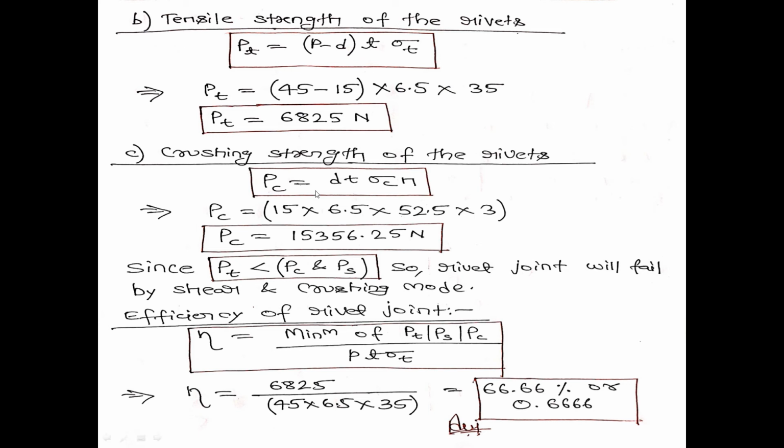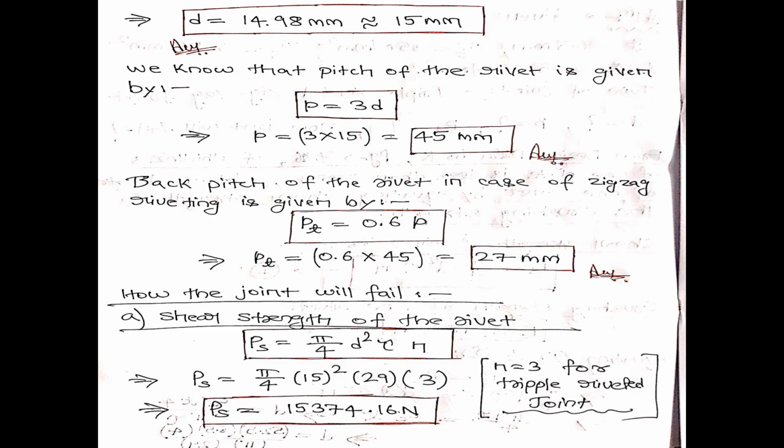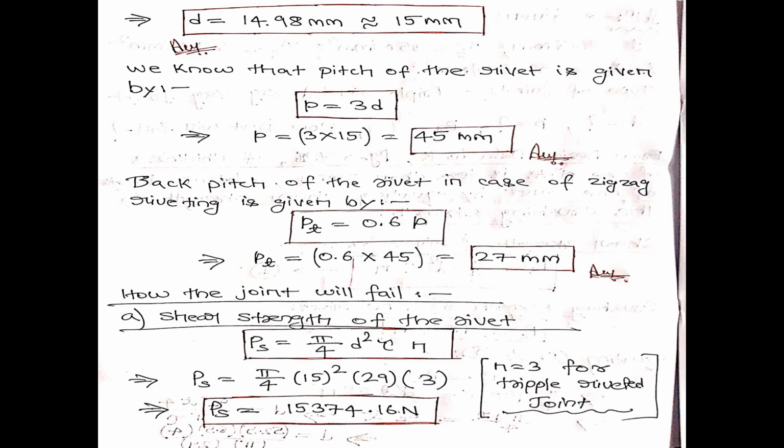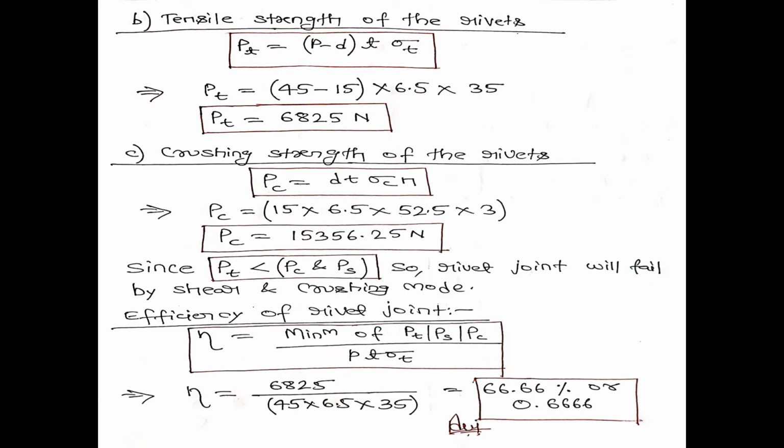PC is 15,356.25. PT is 6825 Newton and PS is 15,374.16 Newton. That means I can see that PS is greater than PC, then PT. That means PT value is the least value, that is the least value that the rivet can sustain in tension as compared to crushing and shear.